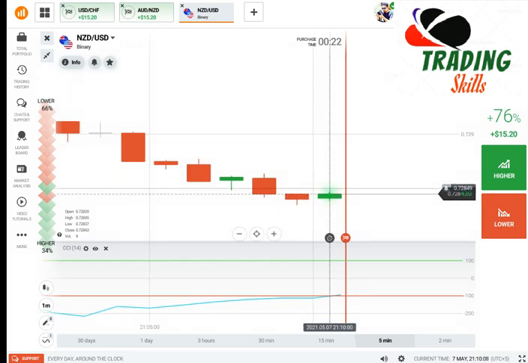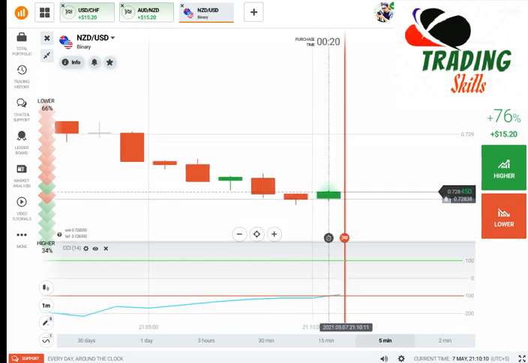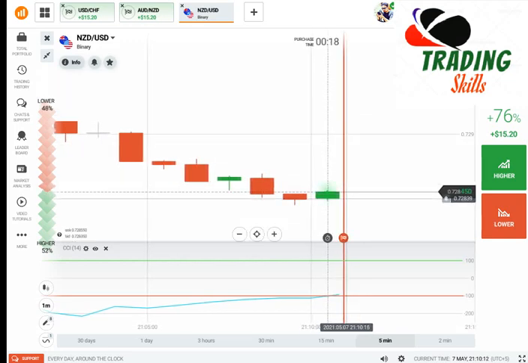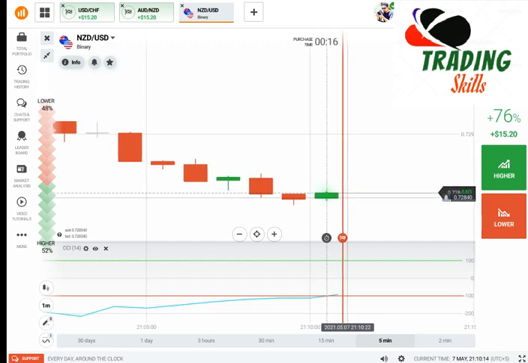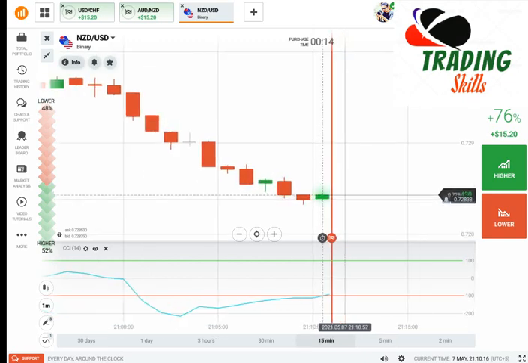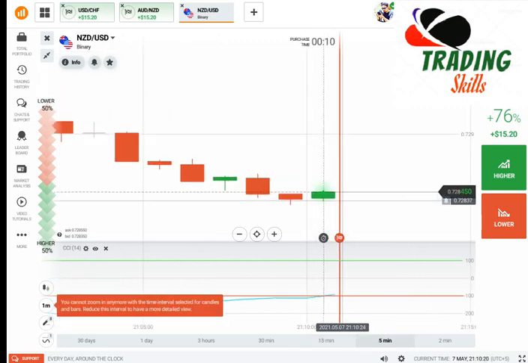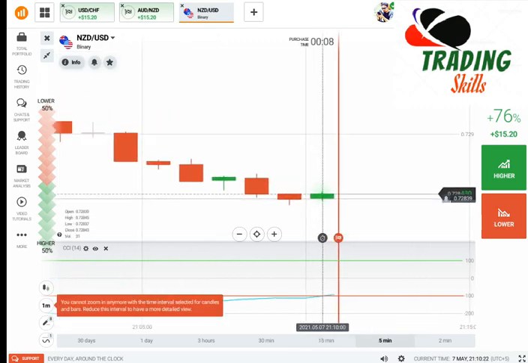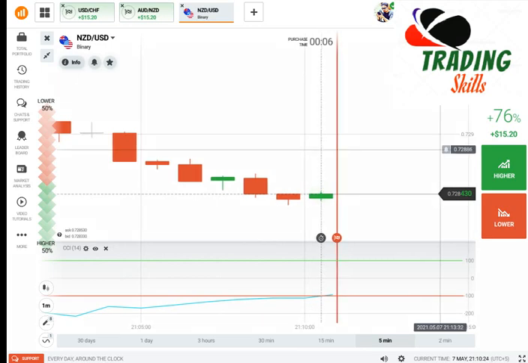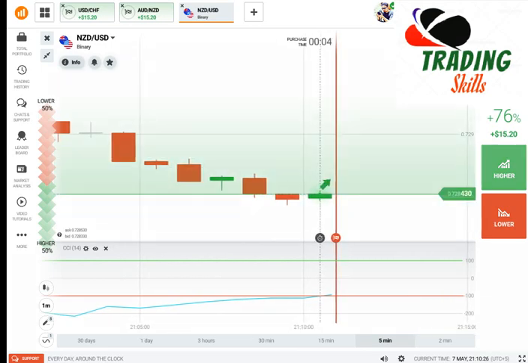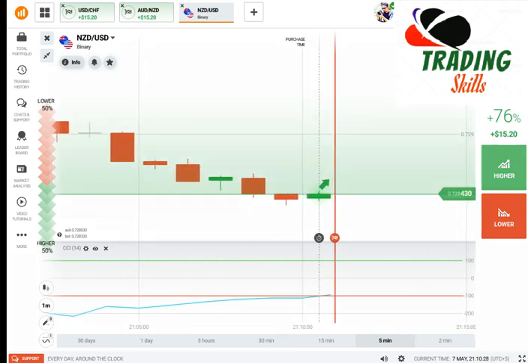Okay, now you can see, if this candle changes its color and converts itself to red, I'm going to take my trade in the up direction.